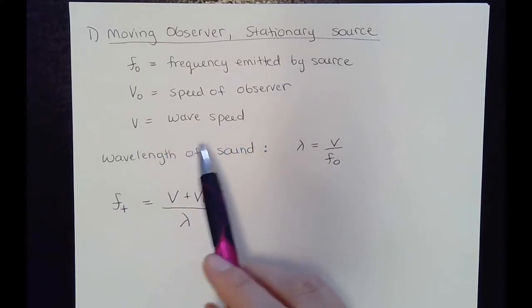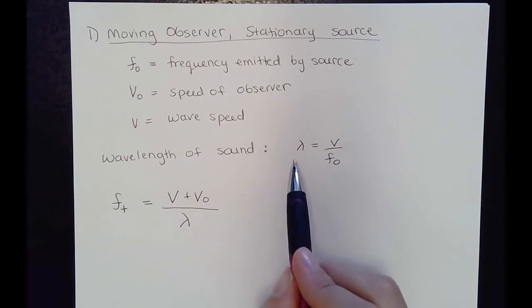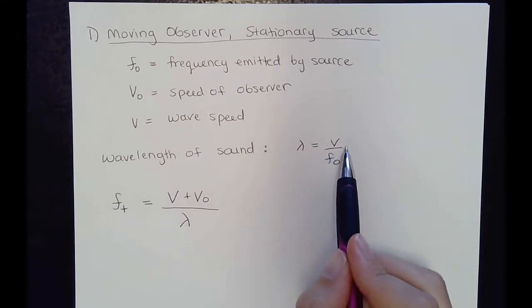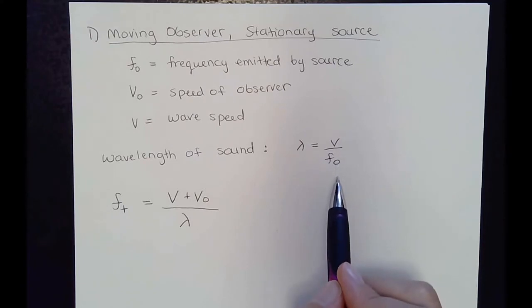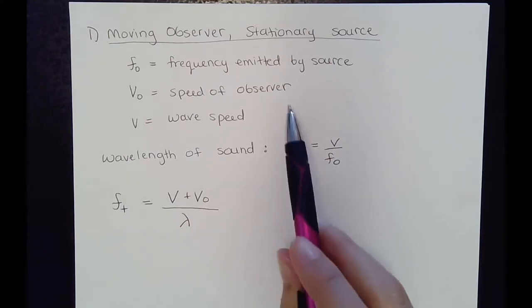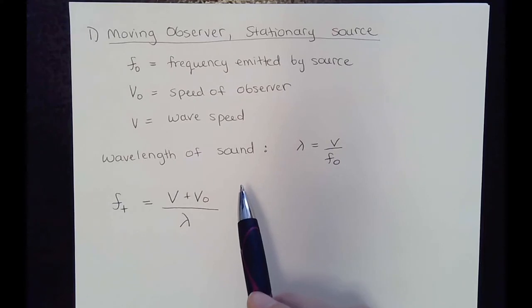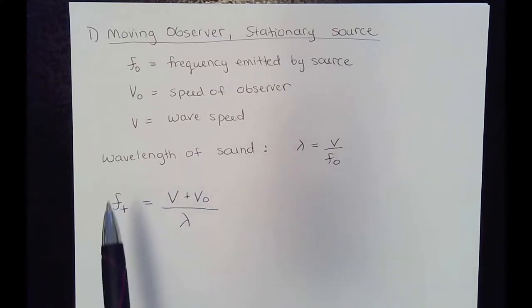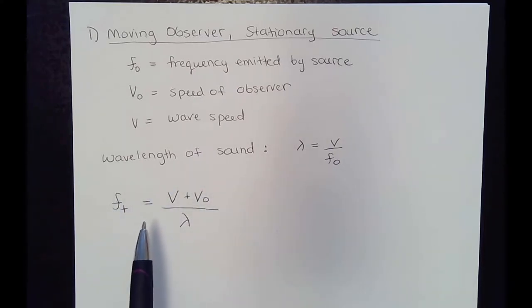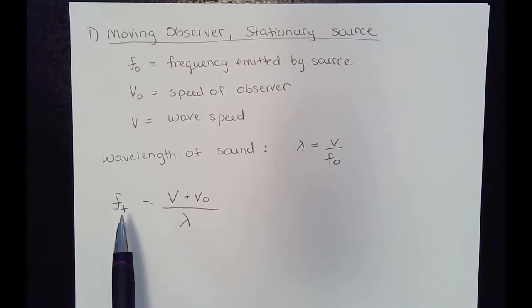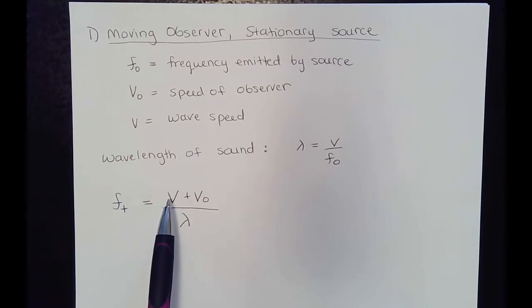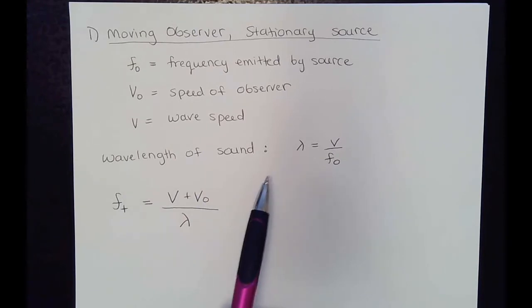Okay, so the wavelength of the sound, just from V equals lambda F, is lambda equals V, the speed in air, or the speed of the waves, over F naught, the frequency emitted by the source. So if we're considering this case, let's look first at when the observer is approaching the source. If the observer is approaching the source, the observer will hear a higher frequency. And this is because it appears that the sound is moving faster than its speed in the medium.